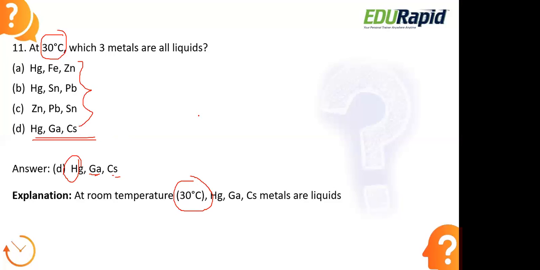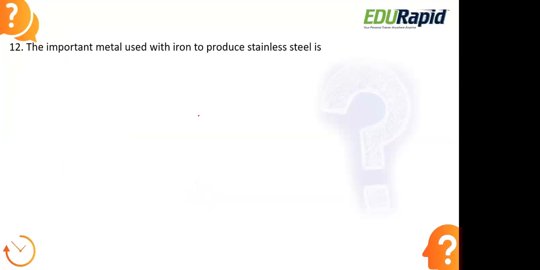Okay, moving to the next question now. The important metal used with iron to produce stainless steel is: carbon, tin, chromium, aluminium.